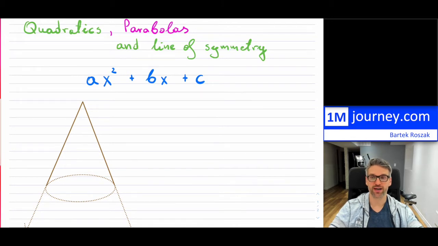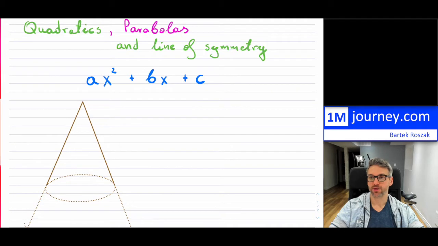Those quadratics are symmetric around the center, and that symmetry goes through a point which is called a vertex. I'm going to mention these things mostly through the graphs, and in a future video, I'll show you how to find these things.